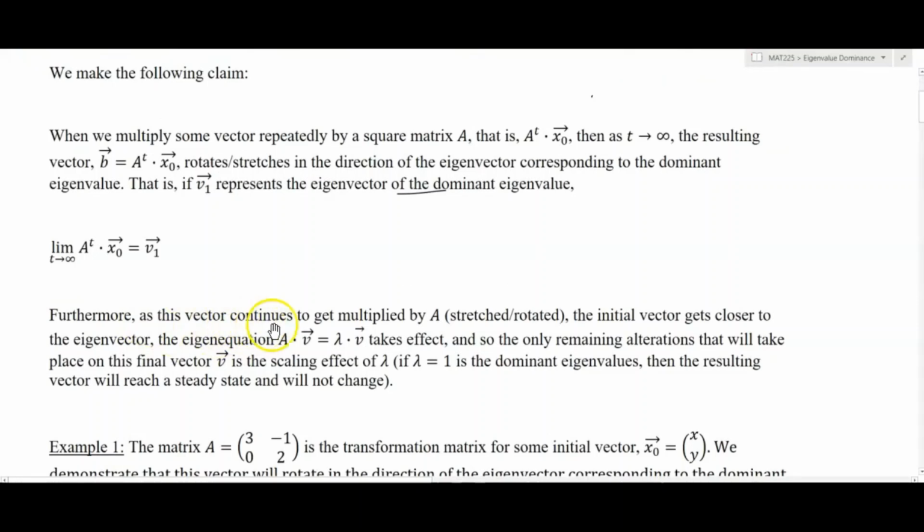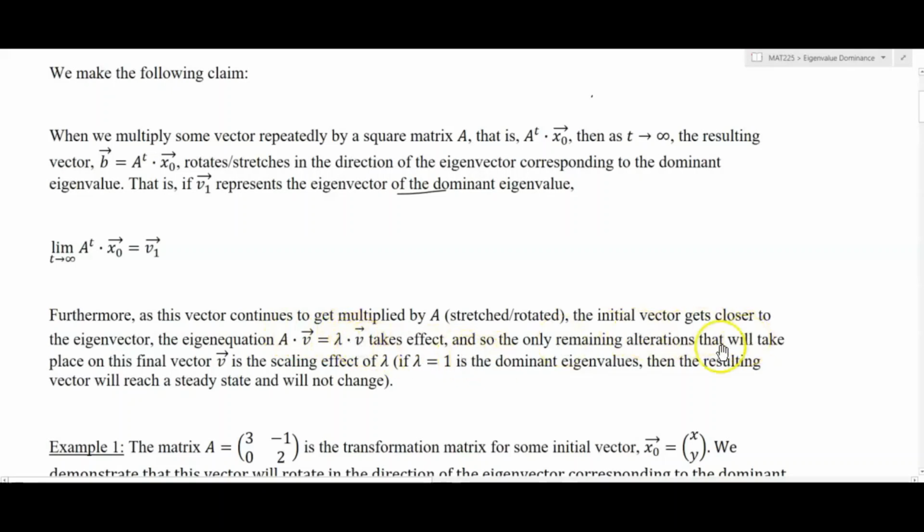As this vector continues to get multiplied by A, that is stretched and rotated, after t becomes really large, the initial vector gets closer to the eigenvector, so the eigenequation Av equals lambda v takes effect. So imagine that this vector x naught, after repeated multiplications, points in the direction of the eigenvector. Now additional multiplications by A cause that multiplication to produce a scalar multiple of that eigenvector.